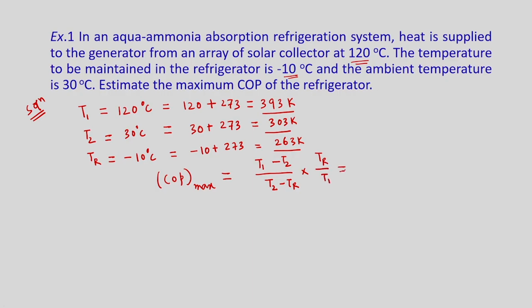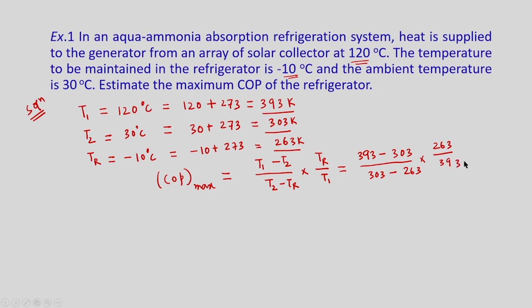If we substitute these temperature values, T1 is 393 minus T2 which is 303, then here T2 is 303 and Tr is 263. Again Tr is 263 and T1 is 393, right.